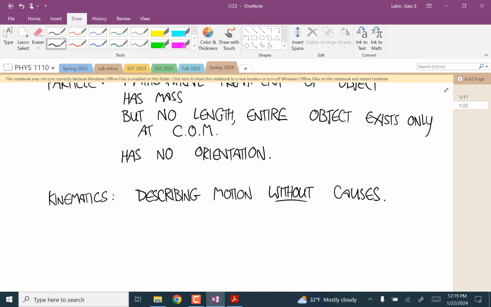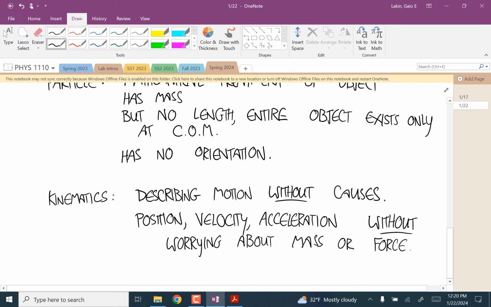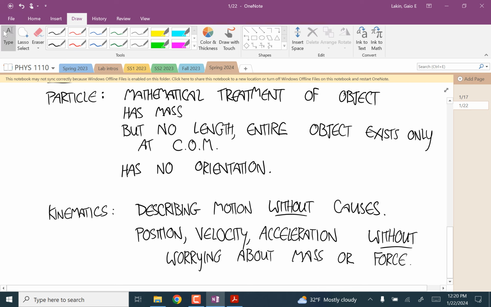Another way to think of it is it's the relationships between position, velocity, and acceleration without worrying about mass or force. Okay, so that's particles and kinematics.